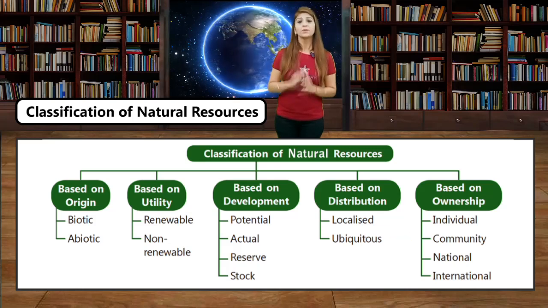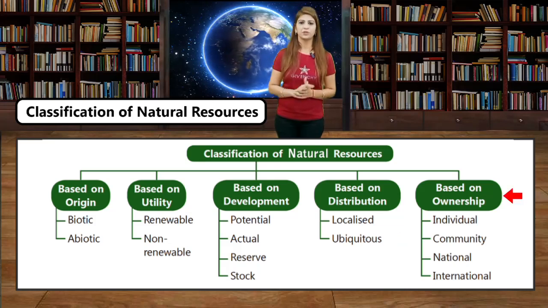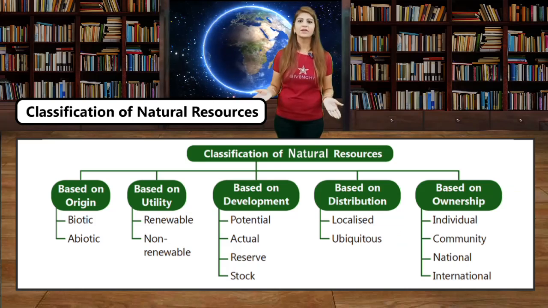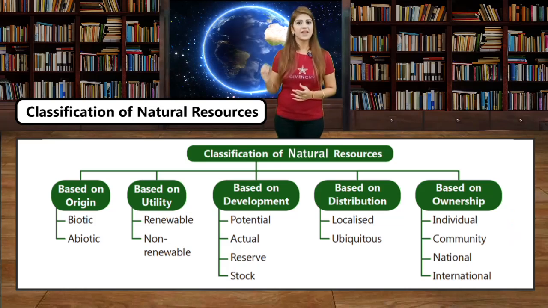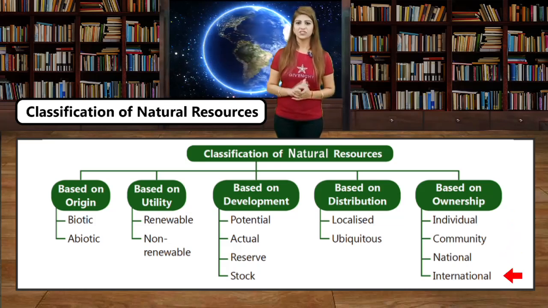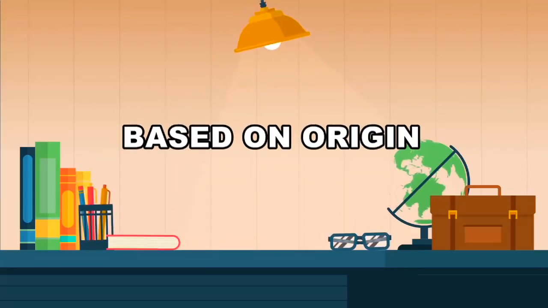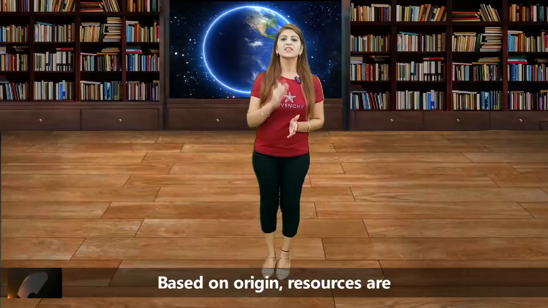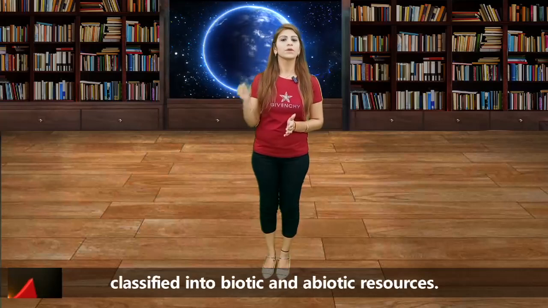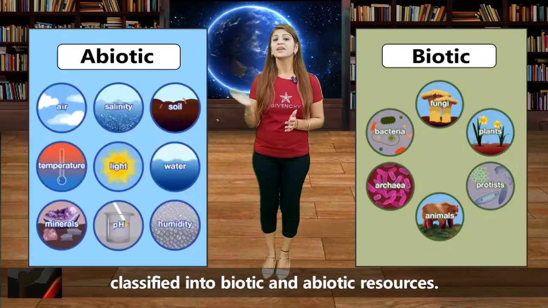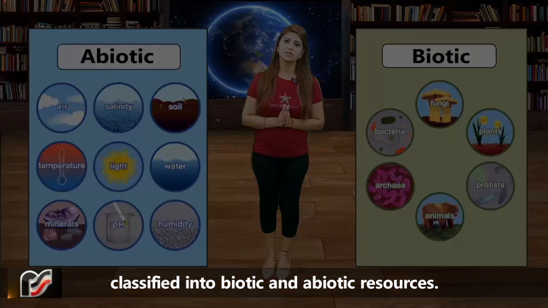Number five, based on ownership, and they are individual, community, national, international. Based on origin, resources are classified into biotic and abiotic resources.